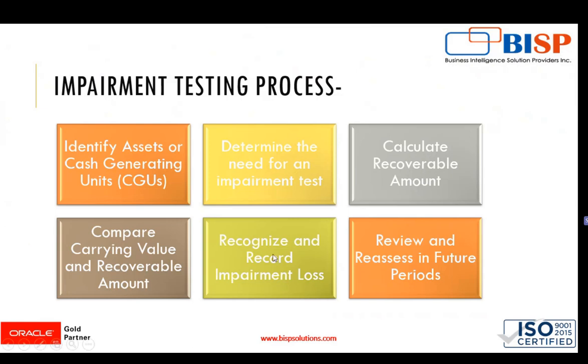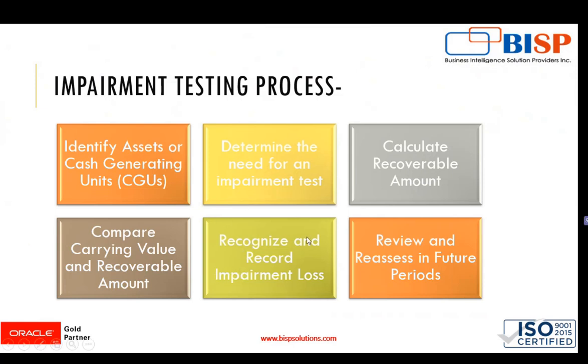Then comes recognizing and recording the impairment loss. If we have compared the carrying value and recoverable amount, and the carrying value is higher, sorry, my mistake, the carrying value is higher than the recoverable amount, so we will get an impairment loss.